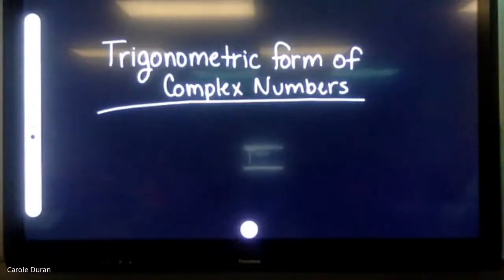Okay, so before we can actually find the trig form of a complex number, we need to talk about what a complex number is.